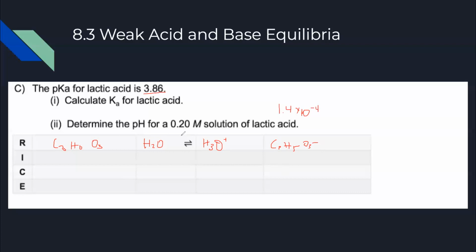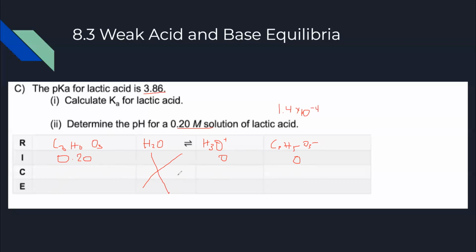And you have a 0.20 molar solution. So that's the initial molarity, and you can cross out the H2O, which you will not need. And so you have approximately 0 concentration of hydronium and 0 concentration of C3H5O3 minus.